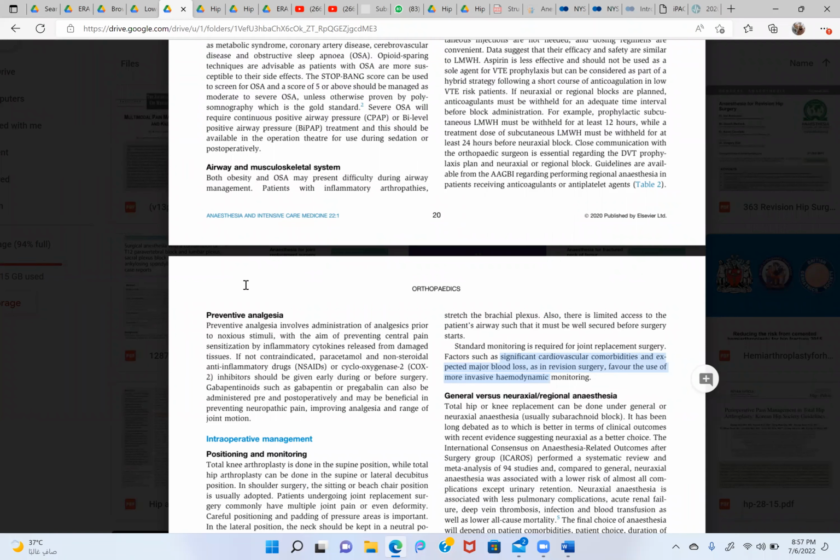In some books, you will find this as preemptive analgesia. The concept is that you are preempting before, so the more appropriate word is preemptive analgesia, but preventive analgesia can also be used. Preventive analgesia is before any additional requirement you are giving it.